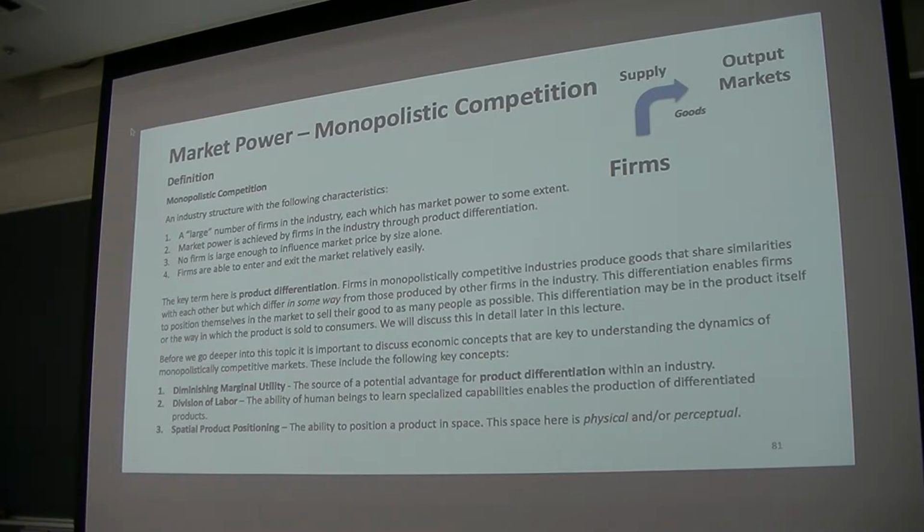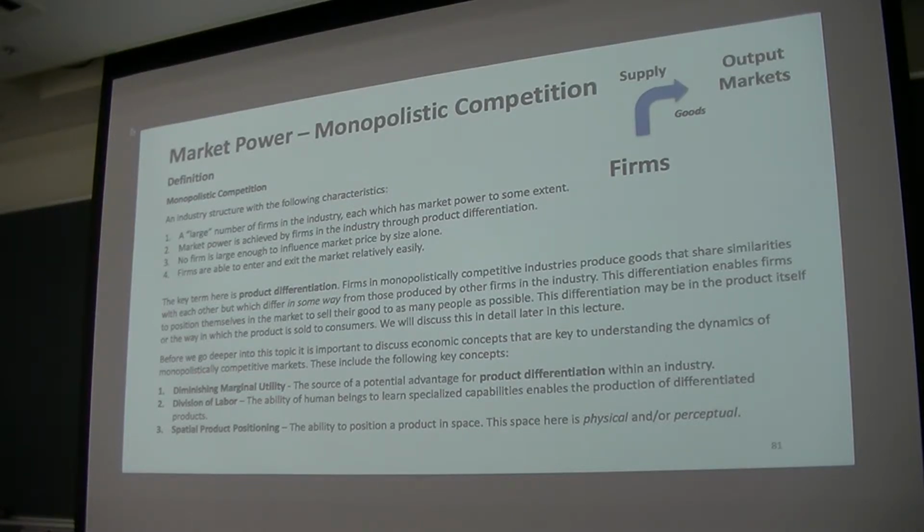I always find monopolistic competition an interesting concept, because it's the most common kind of competition that we see in market economies. You say, well, it's a monopoly.